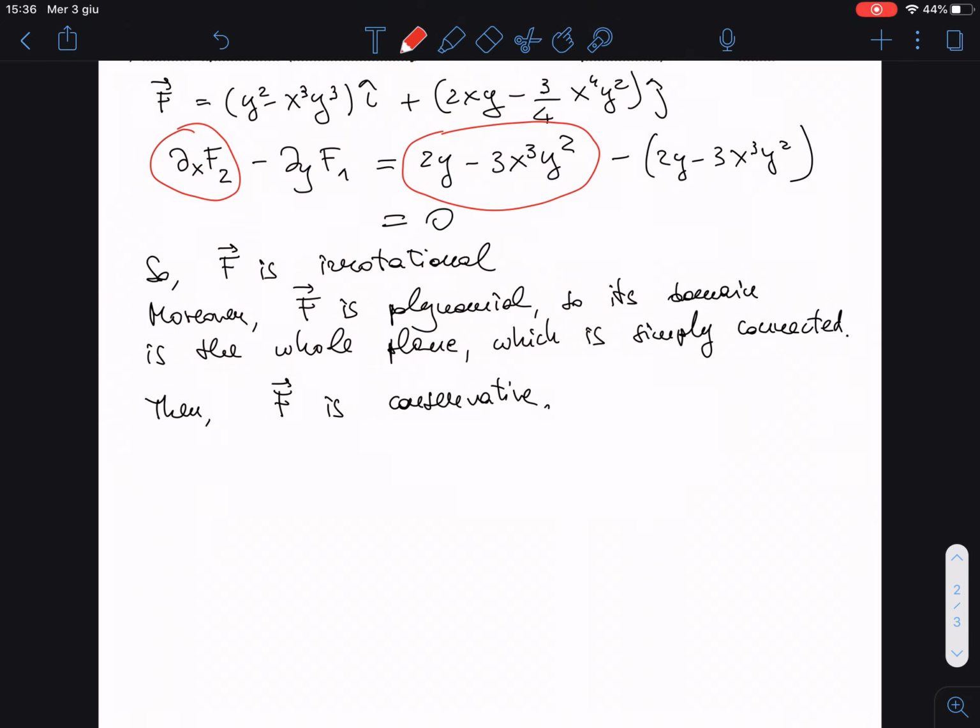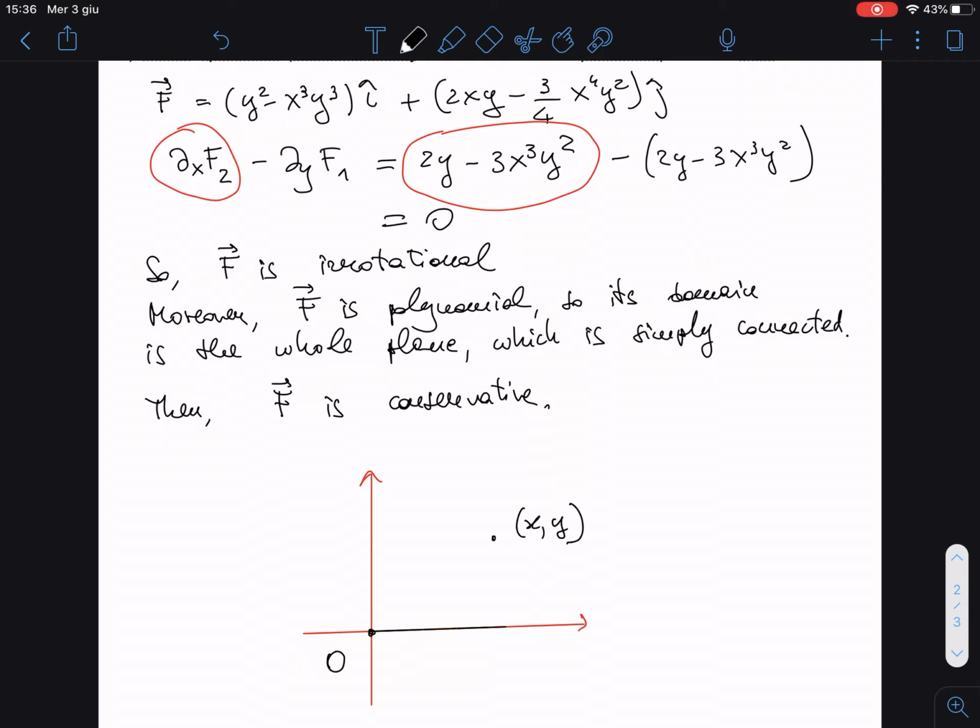So pick a point at random. In general, one uses the origin as a starting point, then goes to another point (x, y), for instance here, and then integrates the field going from 0 to (x, y) through some quite easy path, and an easy path can be this one.